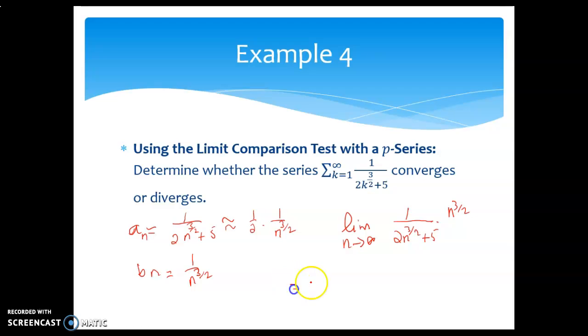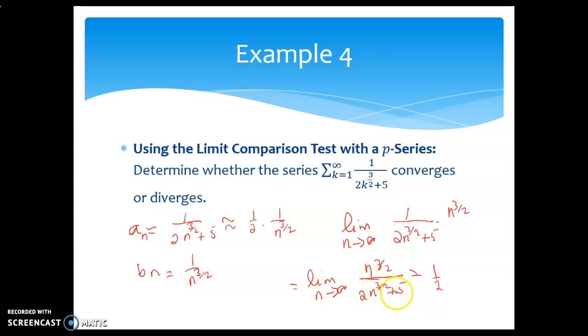So that means we're going to have the limit as n goes to infinity of n raised to the power of 3 over 2 divided by 2 n raised to the power 3 over 2 plus 5. So that means we're going to have 1/2 here. When we take the limit of this, we're going to get 1/2.